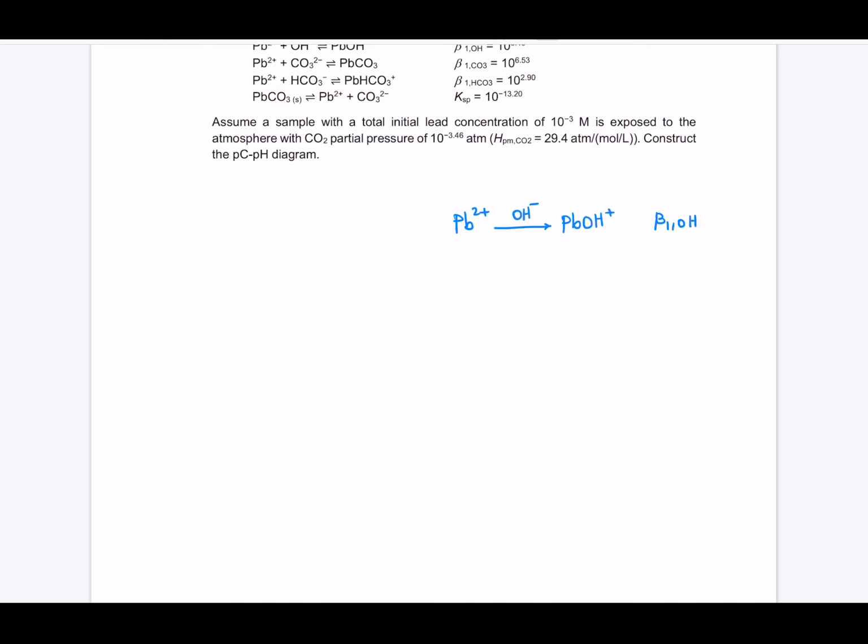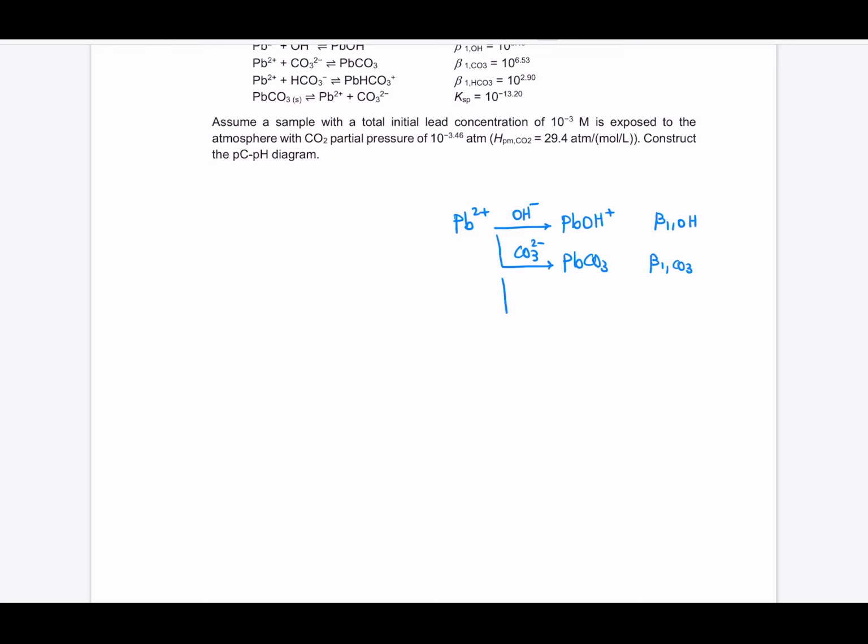What's the next? Carbonate? Yeah, but it's a different branch, exactly. So it is with a different complexing agent, CO3 2-, forming PbCO3. And this is beta 1 of CO3.